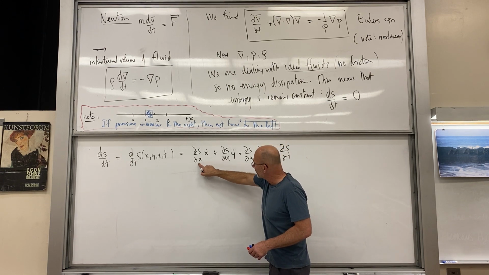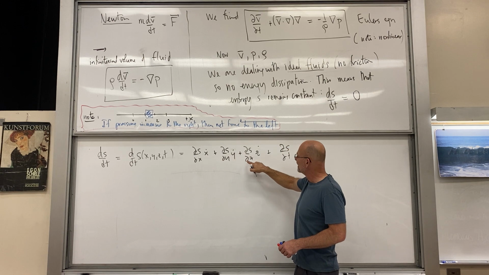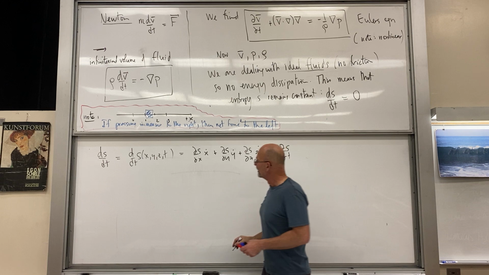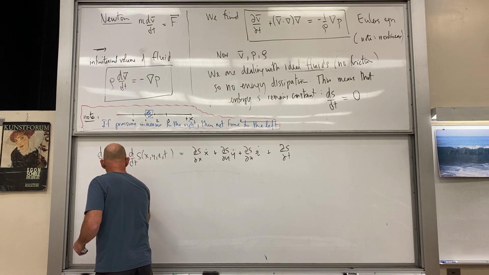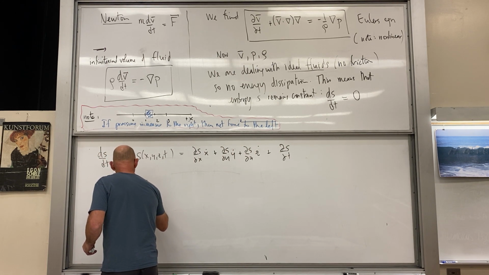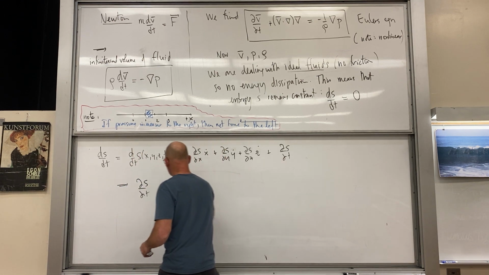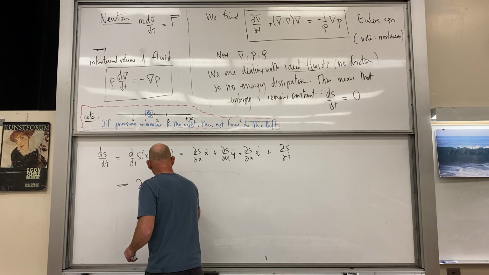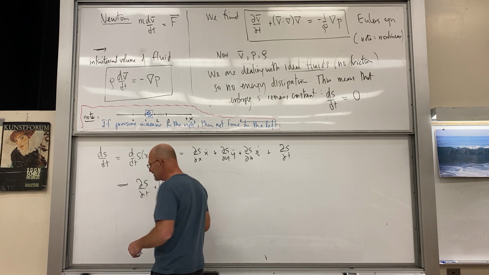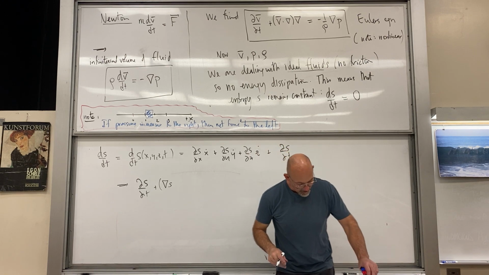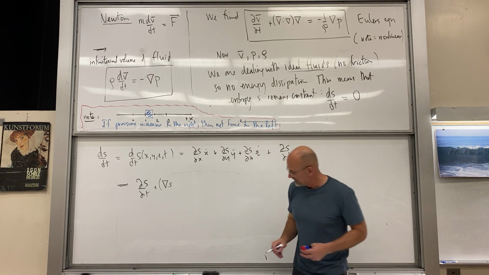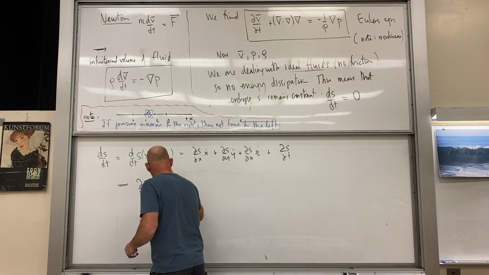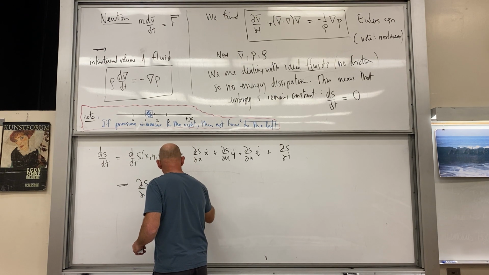So that's going to be gradient S dot product with v again, the way we had before. So what we end up with is dS/dt plus gradient of S dotted into v, maybe I wrote v dot gradient S, doesn't matter, plus v dot gradient S equals 0.